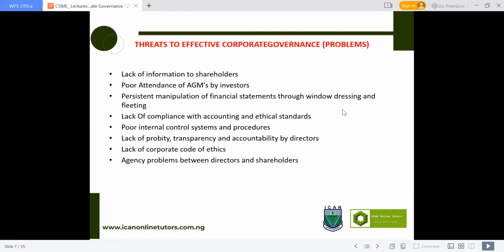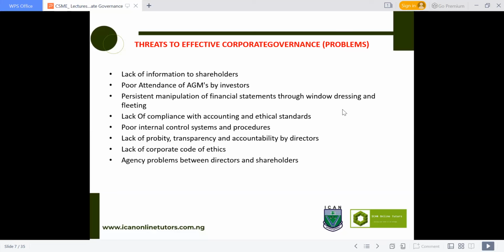So what are the problems? What are some of the indicators that, if they are present, we are not going to have effective corporate governance? And we all advocate for effective corporate governance. One, lack of information to your shareholders.